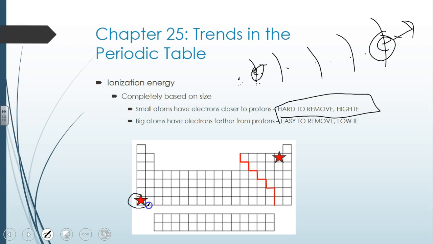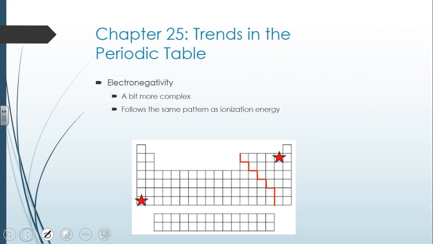So that means that francium has the smallest ionization energy. And fluorine, again, because it's the one that we use, fluorine has the biggest. So that means that ionization energy increases moving like this across the periodic table.